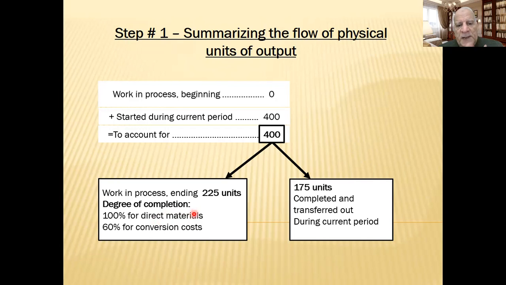About the completion percentage, these units are 100% for direct materials, but 60% for conversion costs. This is the first step which you will do in solving any problem of process costing, to summarize the flow of physical units.